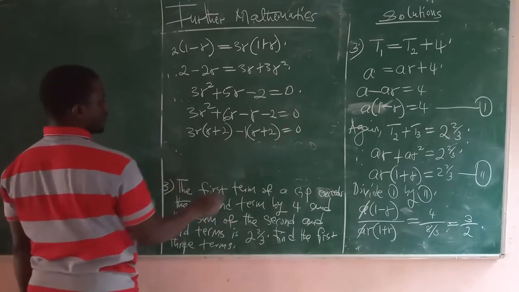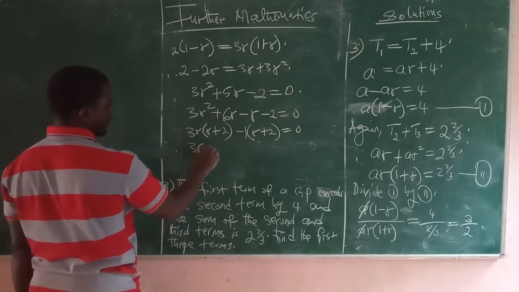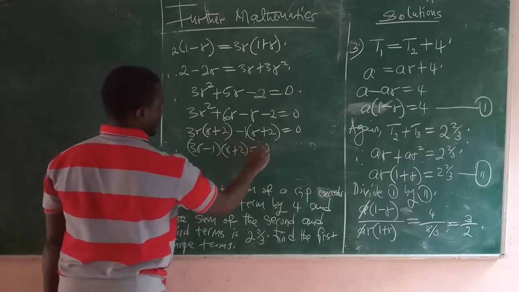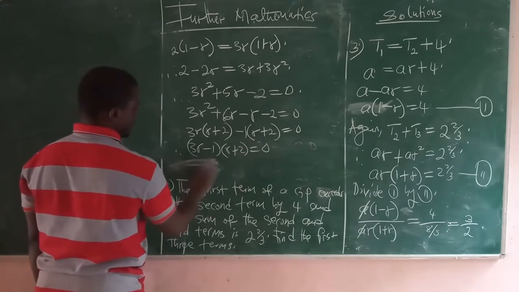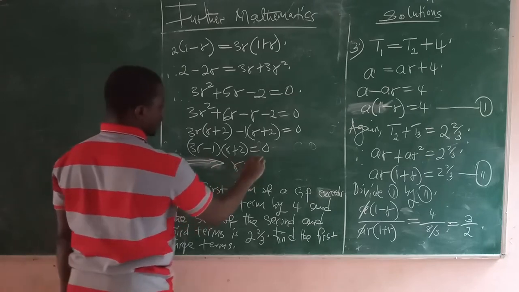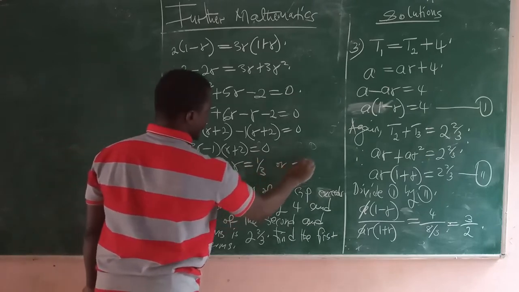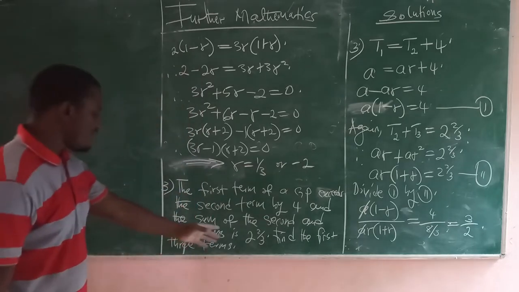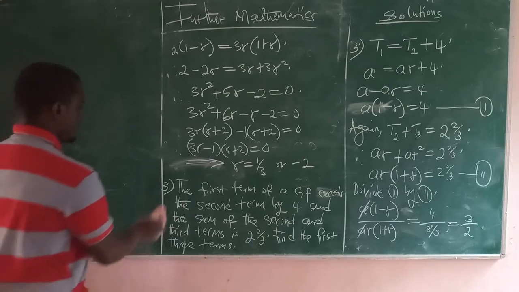So I can put 1 here: 3R minus 1, R plus 2 equal to 0. This implies that R is equal to 1 over 3 or minus 2. That's it. So the question says that find the first 3 terms.